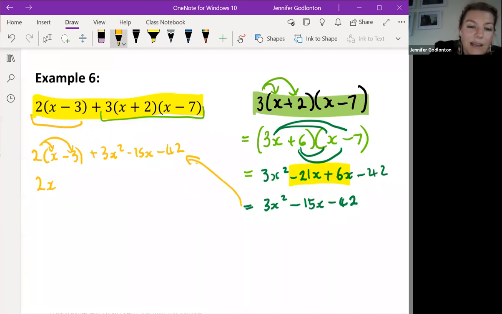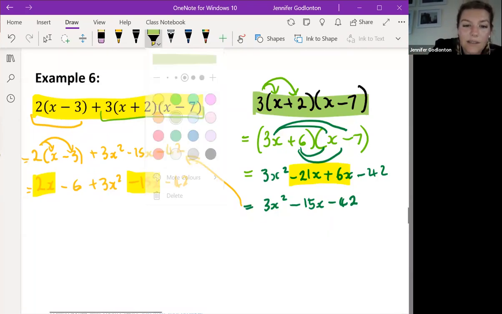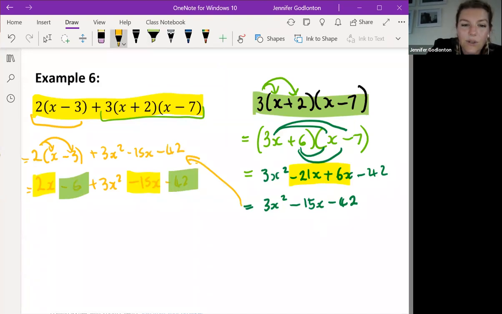So I'm going to get 2x minus 6 plus 3x squared minus 15x minus 42. And I'm going to find my like terms. So I've got only 1x squared, but I've got a 2x and a negative 15x. And I've got a negative 6 and a negative 42. So I'm going to have 3x squared minus 13x minus 48.